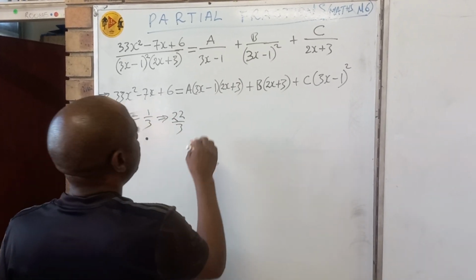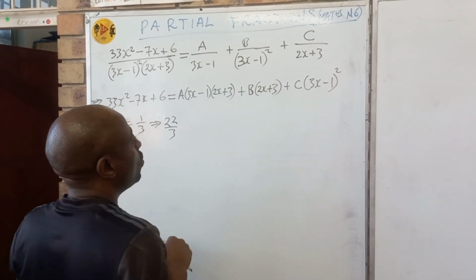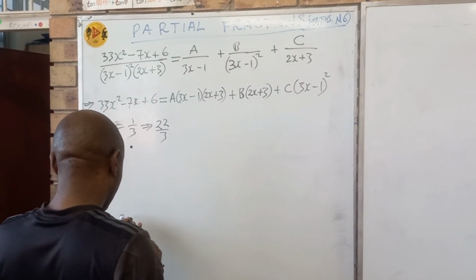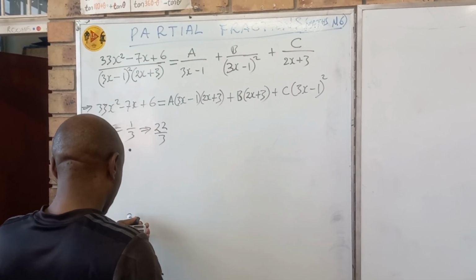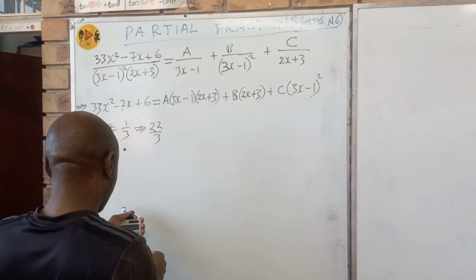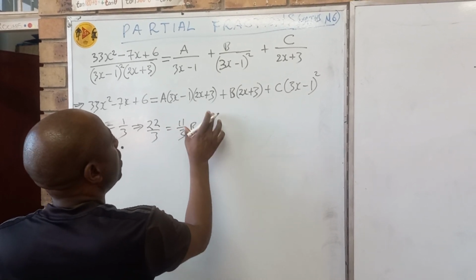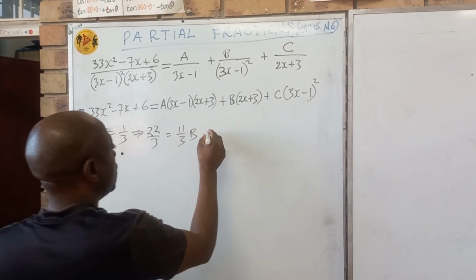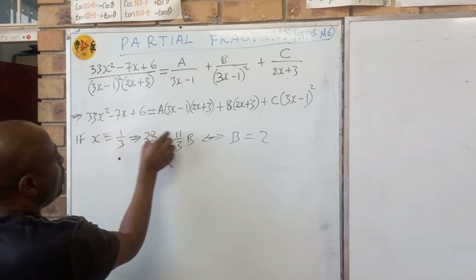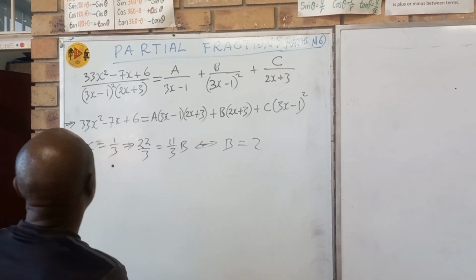On the right, if I substitute 1 over 3, since it came from here, this will be 0, that will be 0. Then I'll put 1 over 3 there, it will be 2 over 3 plus 3, which is 11 over 3, times B. So if you simplify this, it will give you B is equal to 2. So B is equal to 2.